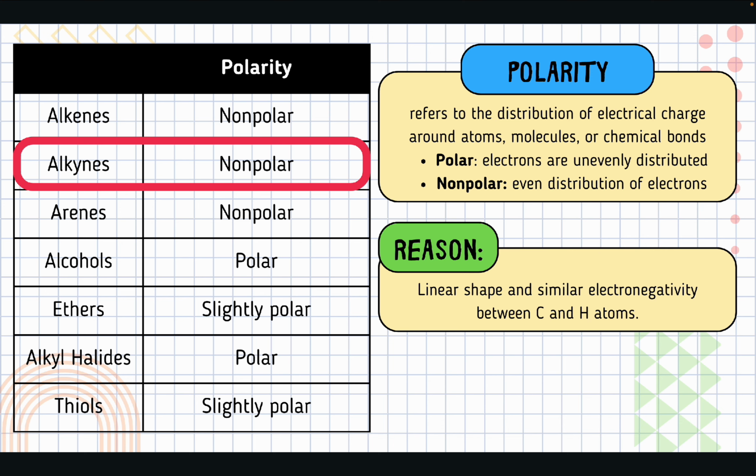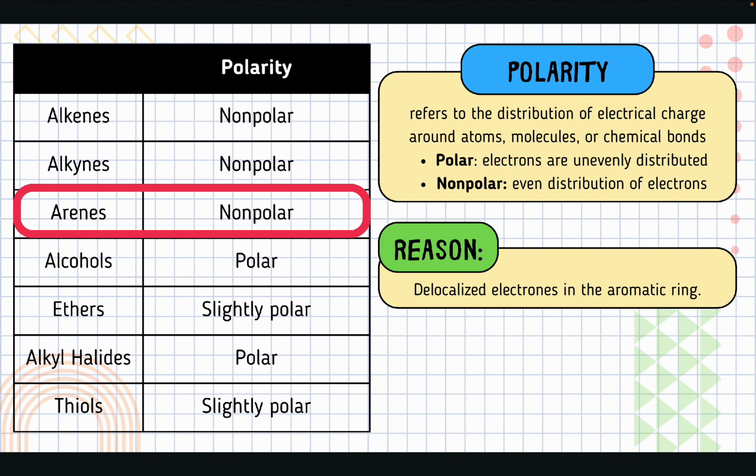Again, there's no significant charge separation. For arenes such as benzene, it has a ring structure with delocalized pi electrons. If you recall, these are electrons that are shared evenly over the entire structure. This delocalization makes the molecule highly stable and nonpolar, despite the presence of the double bonds within the ring.